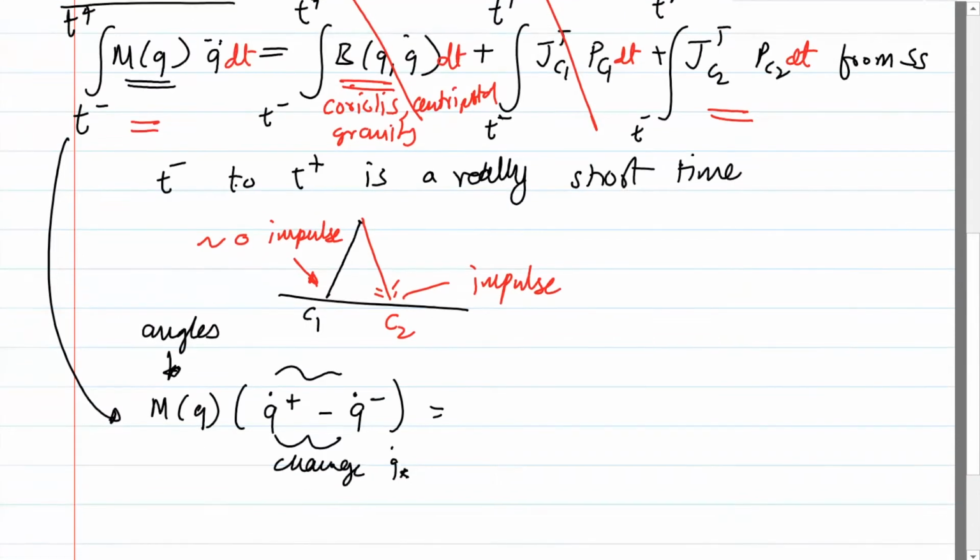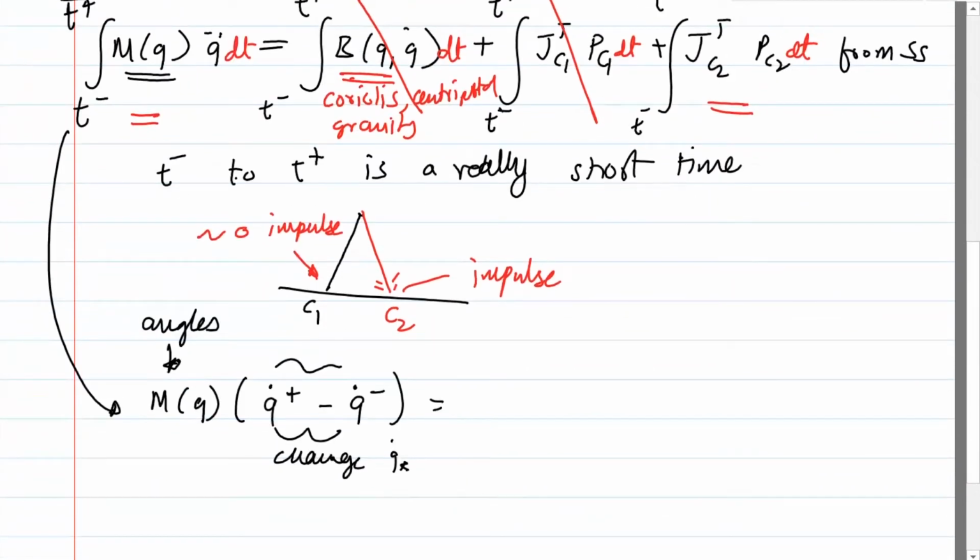And the second part is basically this impulse. J C2 transpose. Again, J C2 is a matrix consisting of only angles. It doesn't have velocities in it, so you can pull it out and you're left with the integral of P C2 dt from t negative to t positive, which you can call the impulse on the swing leg, this one.